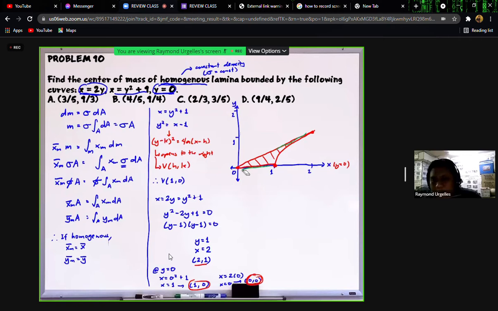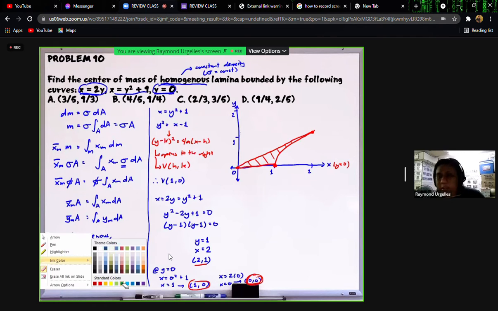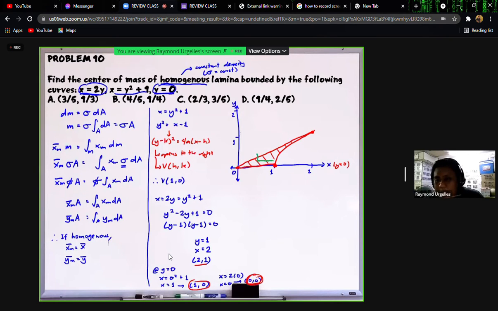Para isang integration lang tayo, doon na tayo sa horizontal strip, kasi ang boundary lang natin lagi is yung line at yung parabola. Isa din yan sa mga consideration natin. So let's use a horizontal rectangular strip like this one.